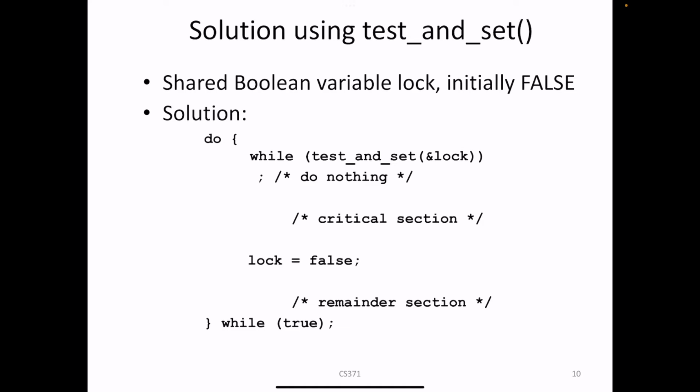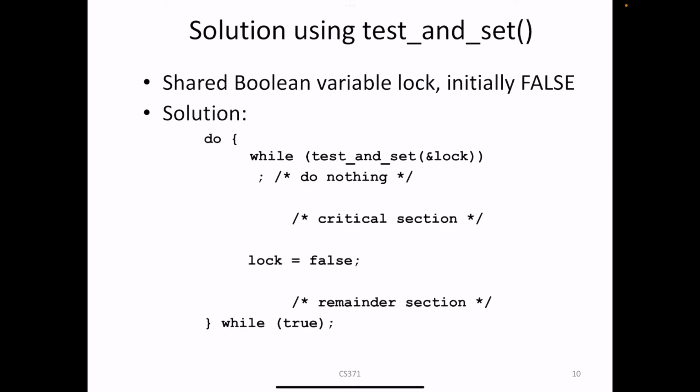Let's assume another situation between P1 and P2. Still P1 is on the CPU first. P1 executes the while loop, sets the lock to true, gets out of the while loop, and enters the critical section. After that, an interrupt is triggered. Then P2 is loaded into the CPU, and P2 is stuck at the while loop because the value of lock is currently true.